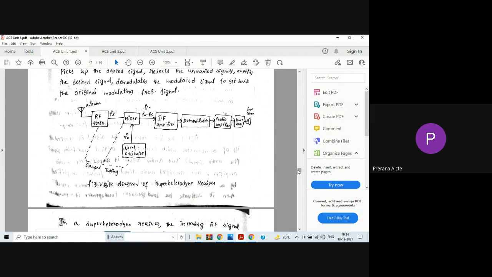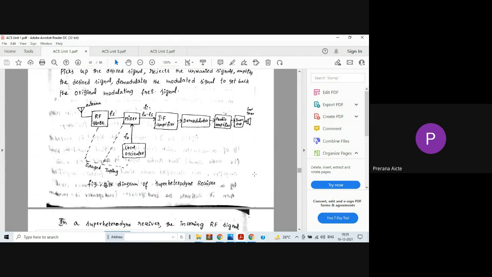Okay, there should be some intermediate frequency for transmitting the AM signal. So until that intermediate frequency is obtained, we should be able to tune the local oscillator.